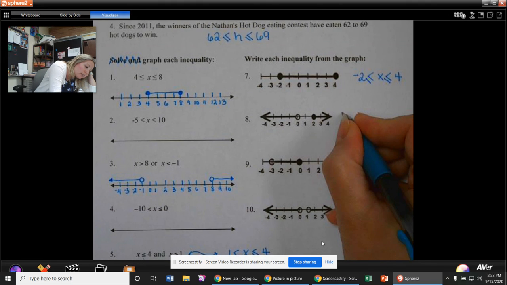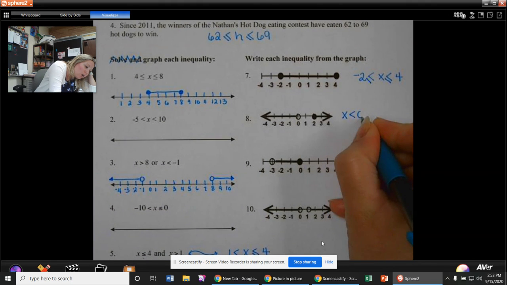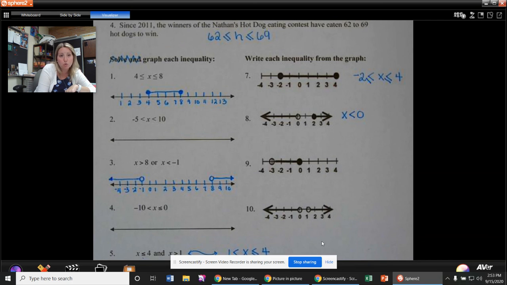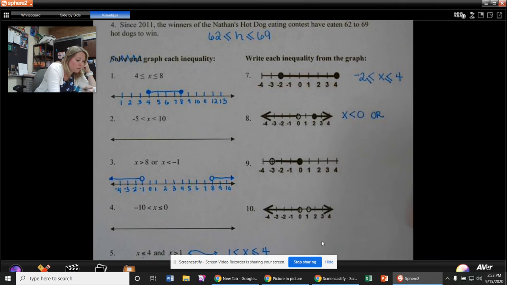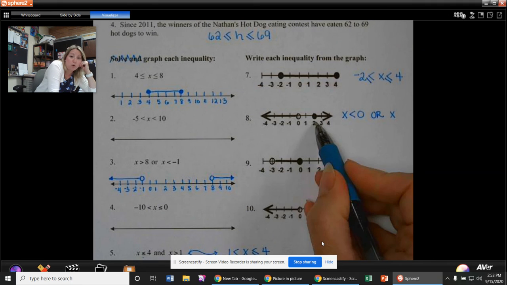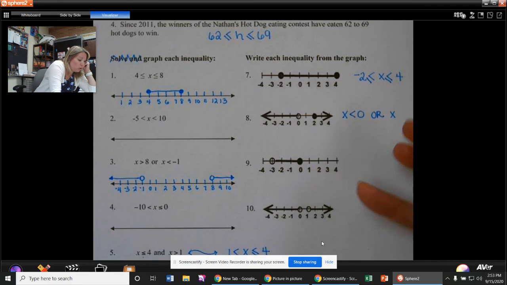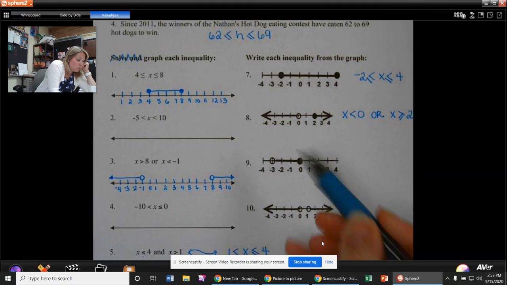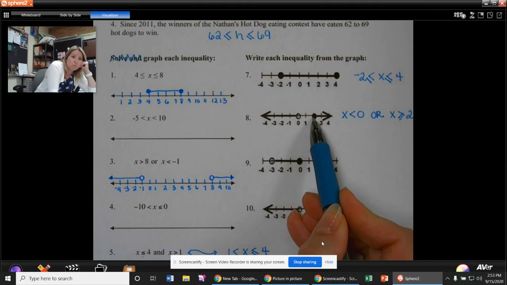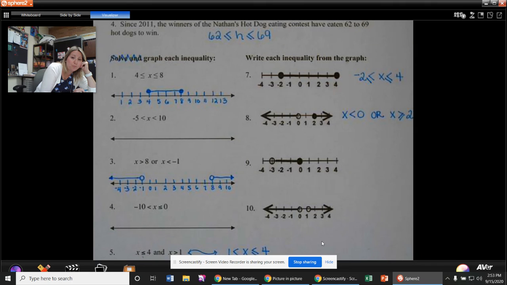So this is X is less than 0, no equal to part because there's an open circle over 0, or, because that's one direction, the other direction is that X has to be greater than or equal to 2. And I say greater than or equal to 2 because 2 is filled in. There you go. All right, one more betweeny inequality that I'll write, one more or that I'll write, and then you start practicing.